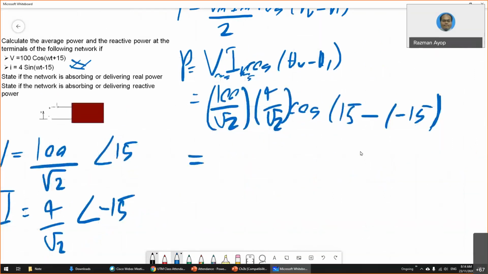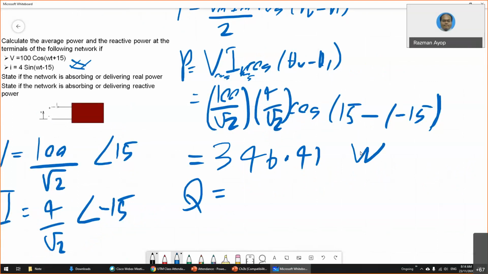Okay, so 400 cos 30. The P is 346.411 watt. And reactive power, which is Q, also uses the same formula, in RMS, but not cos, rather sine: sine(theta V minus theta I).